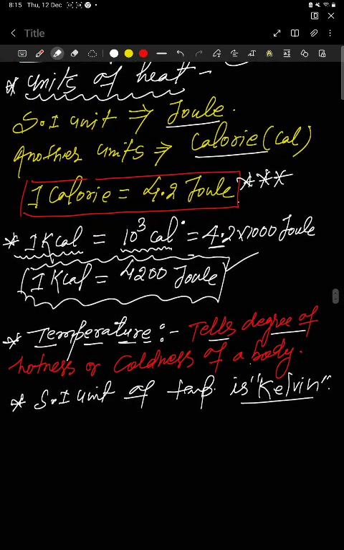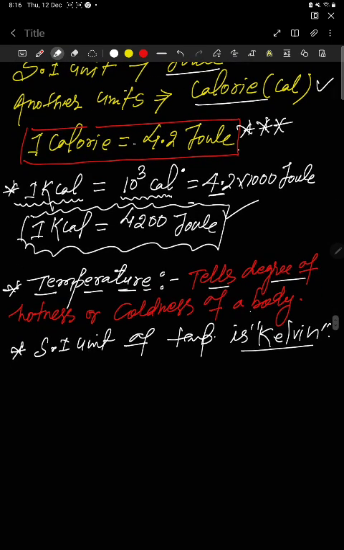Now we have to study the units of heat. As we know heat is a form of energy, so its SI unit is joule, and there is one another unit, that is calorie. 1 calorie is nearly equal to 4.2 joule.